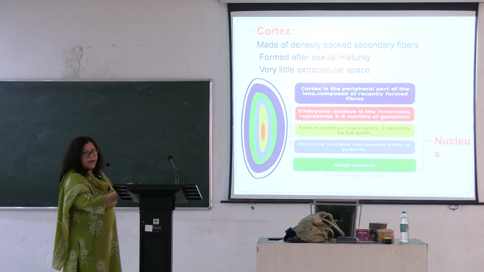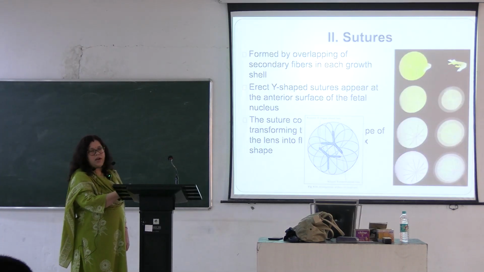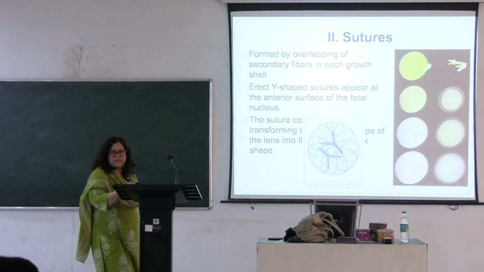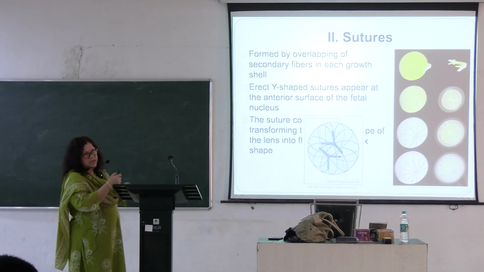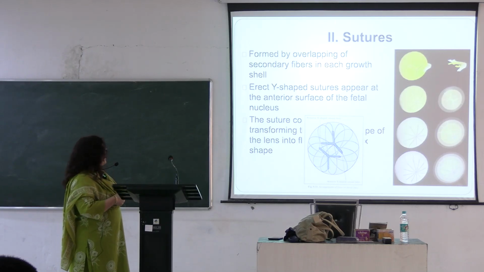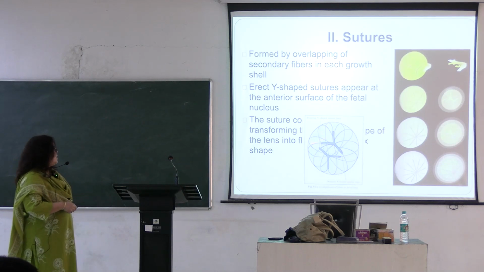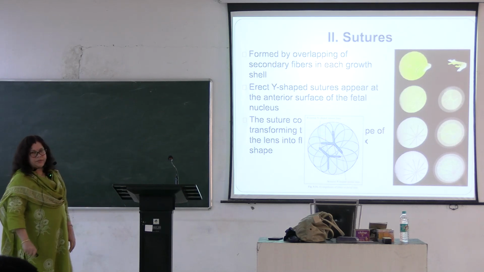That's why cortical cataract is soft. Sutures are formed due to overlapping of the old fibers and new fibers. When new fibers are generated, they overlap each other, and there is the formation of these Y-like structures, that is called the suture.